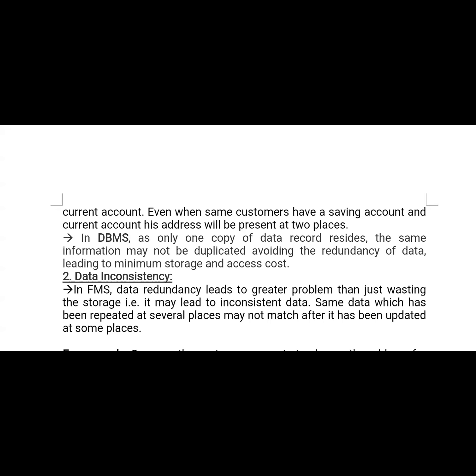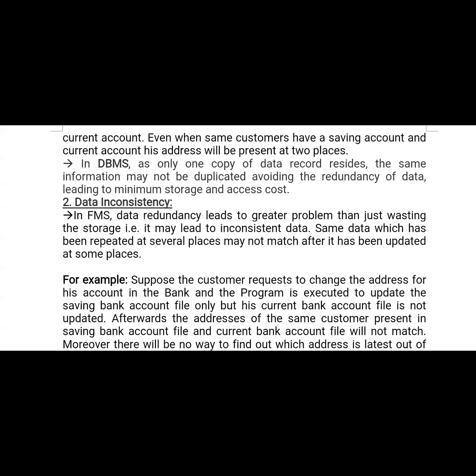The name implies it: inconsistency occurs when we are using the file processing approach, because here we need to know about program execution, program compilation, and how we write the program. In a file management system, data redundancy leads to a greater problem than just wasting storage: it may lead to inconsistent data.